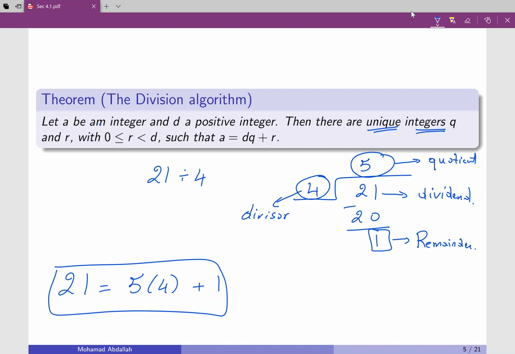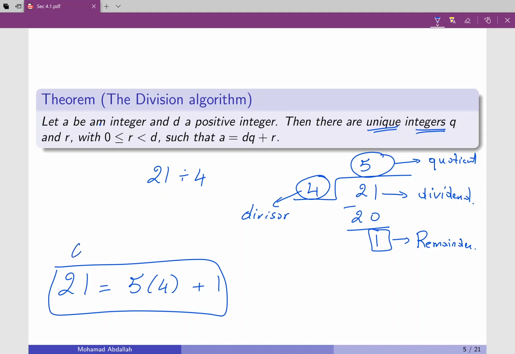So we're saying here that there are unique integers, q and r. Q is the quotient, r is the remainder, such that the remainder is between 0, but it could be equal to 0, and strictly less than d. Because if the remainder is bigger than d, then you can keep dividing, such that a is equal to dq plus r.